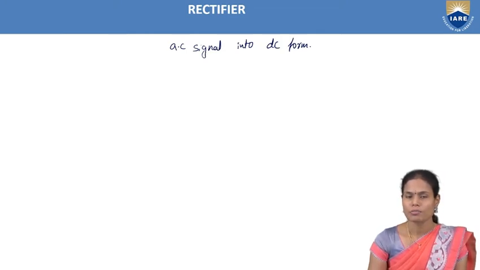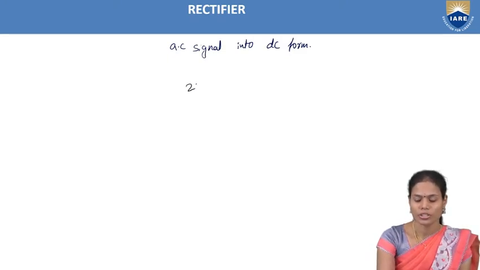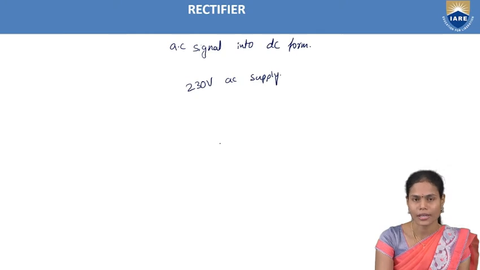Why do we require power supply units? In order to run any application, we require DC voltage. But from the mains, we get 230 volts AC supply, and we cannot use this 230 volts AC supply directly for our applications.